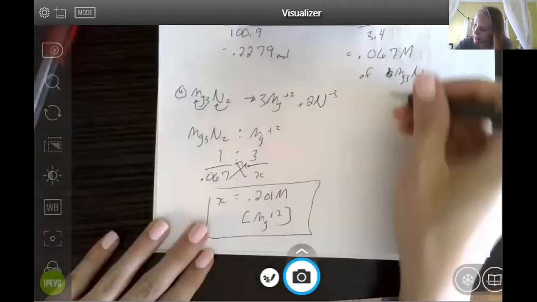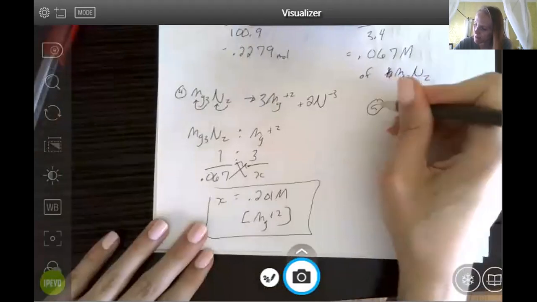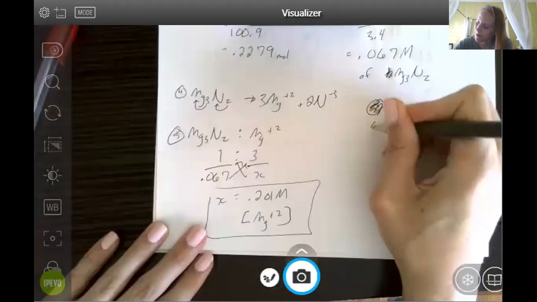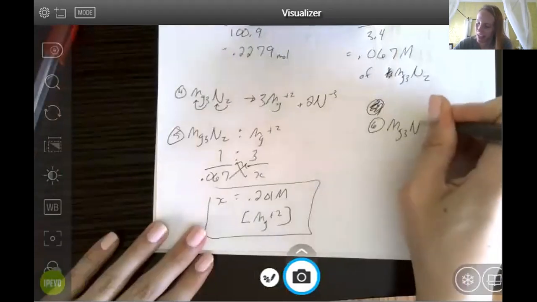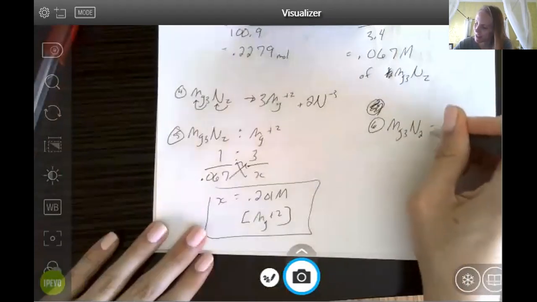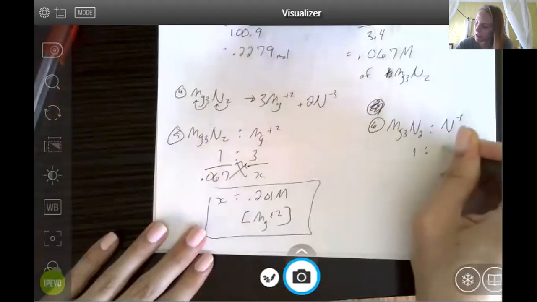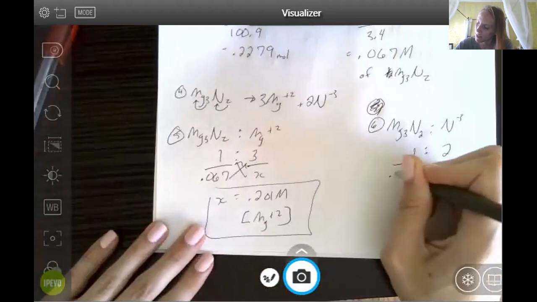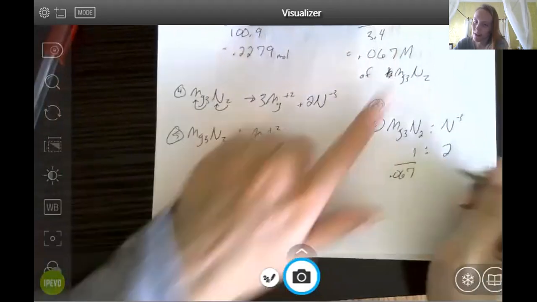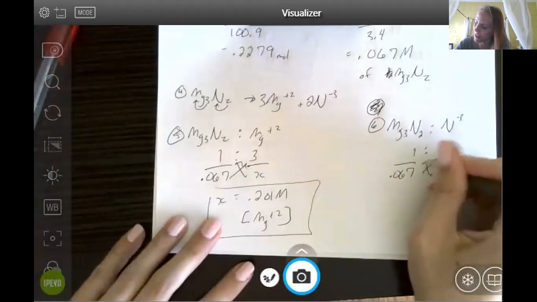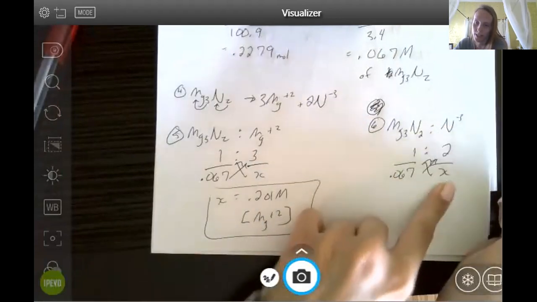That was step 5, this is step 6. I'm going to set up my ratio again, this time between magnesium nitride and my nitrogen ion, so it is a 1 to 2 ratio. Plug in my magnesium nitride concentration again, and the X for what I'm solving for, which is the nitrogen ion.